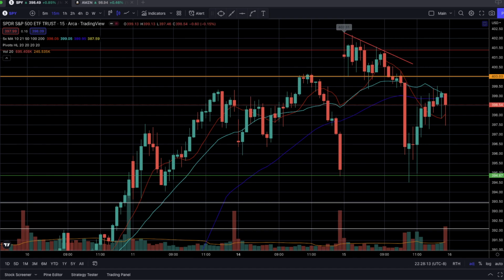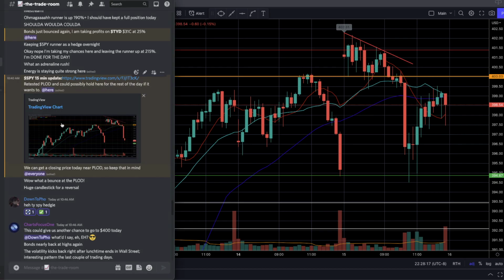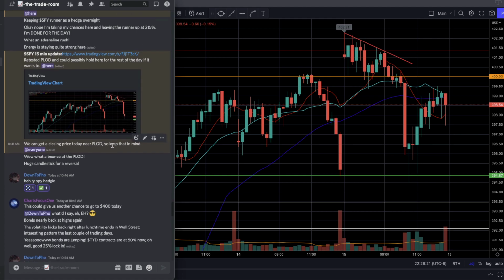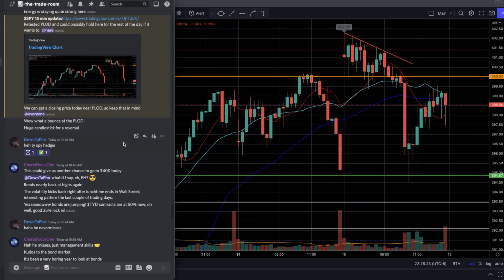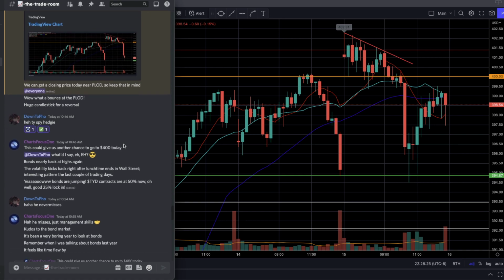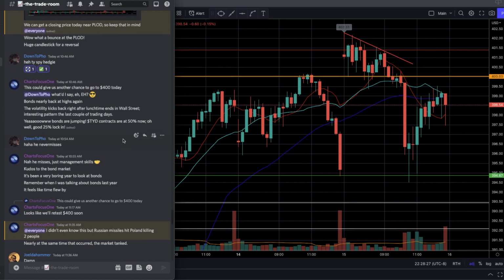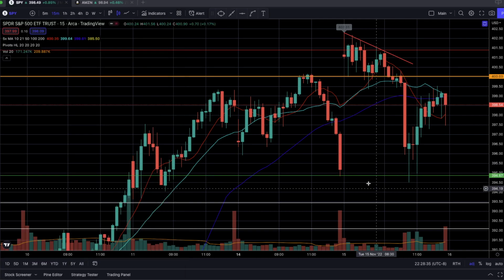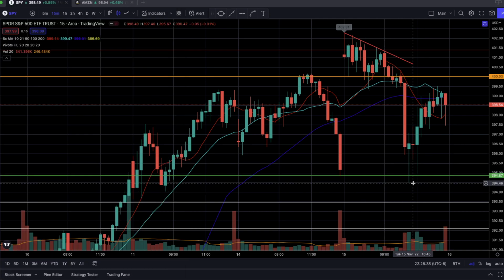I did not expect such a large movement, well, because I didn't know there was news. And as we continued to move lower, I said ultimately, I want to see another bounce at the previous low of the day. And guess what? That's what we got.